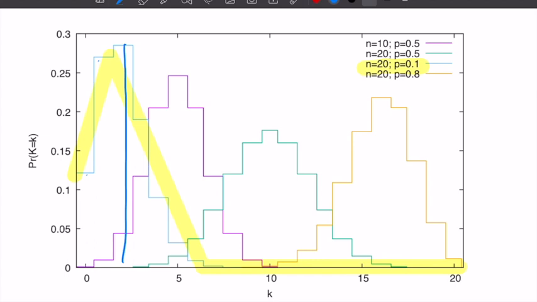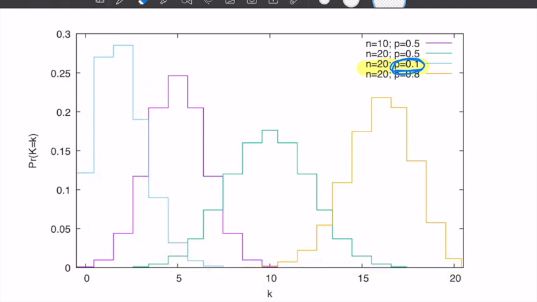Since the probability of obtaining a head in each flip is so small, in total there are about 3 or 4, maybe 5 or 6 heads. Those numbers of heads are obtained with non-negligible probabilities.